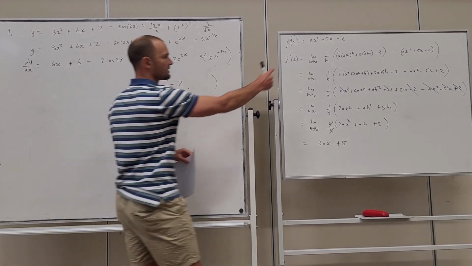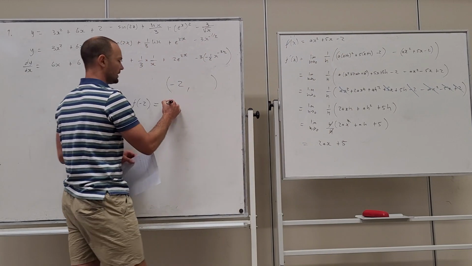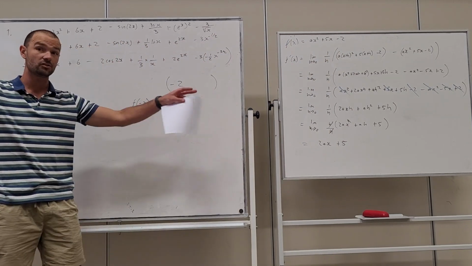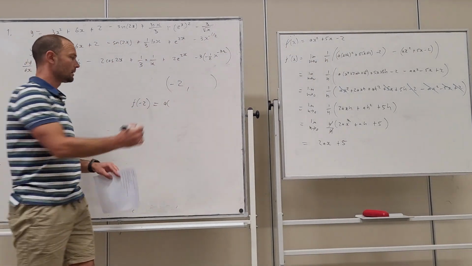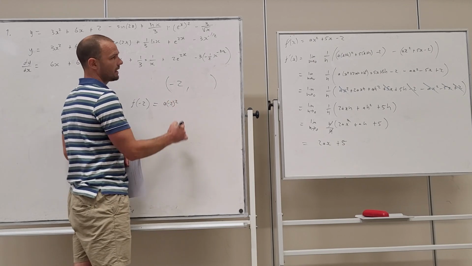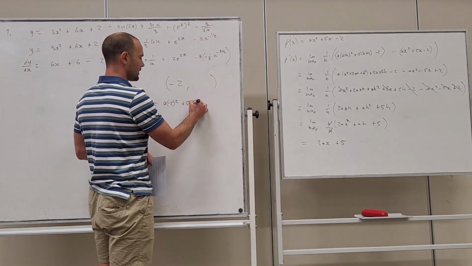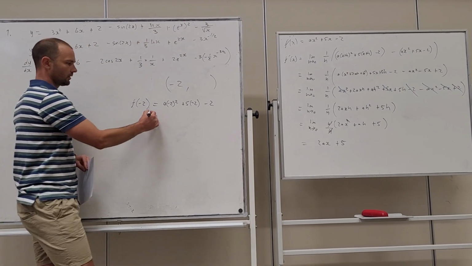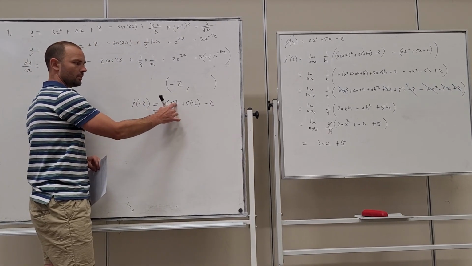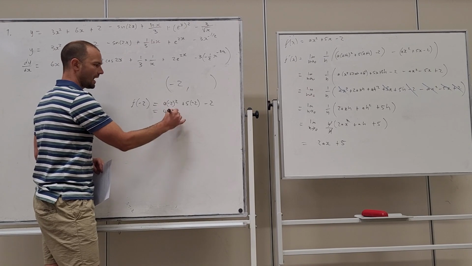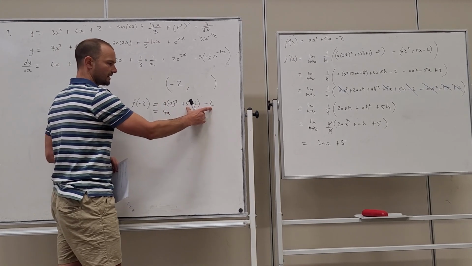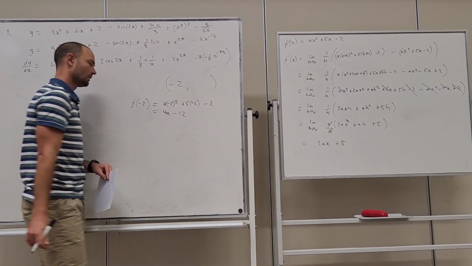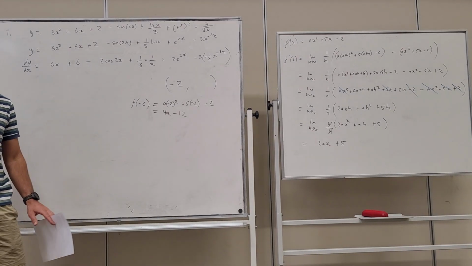I'm going to put minus 2 into the original function. Remember, a is just a number. a times minus 2 squared plus 5 times minus 2, take 2. Okay, minus 2 squared is positive 4, so here we'll have 4a, take 10, take 2, 4a, take 12. We can't simplify that anymore.